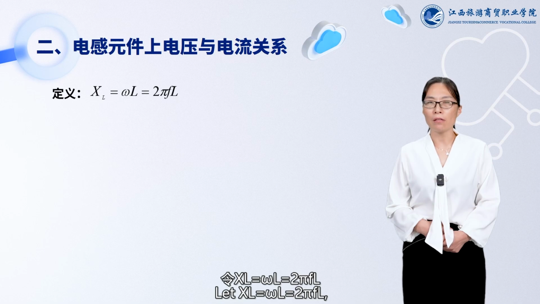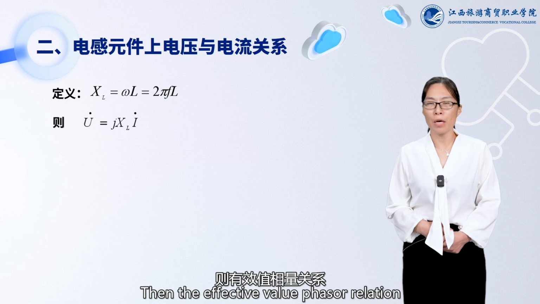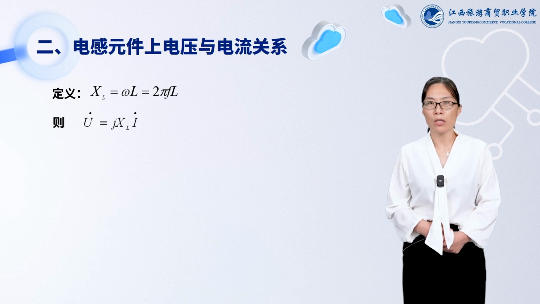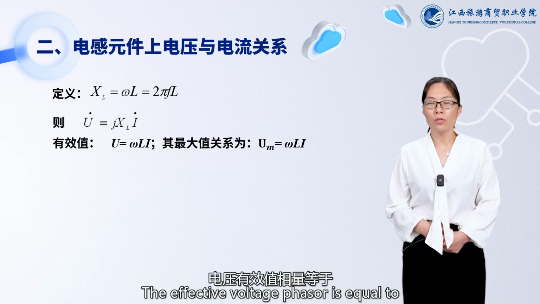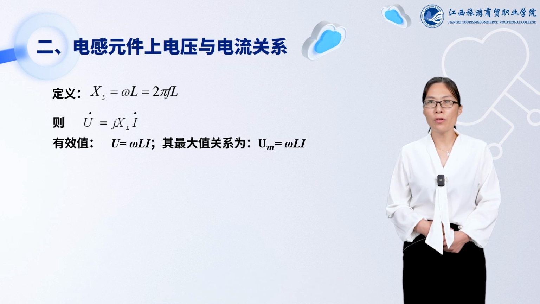Let XL equals omega L equals 2 pi f L. Then the effective value phasor relation is: the effective voltage phasor is equal to j XL times the effective current phasor.